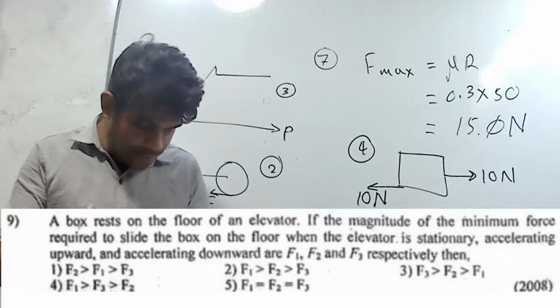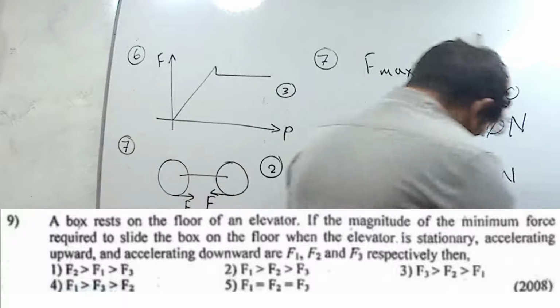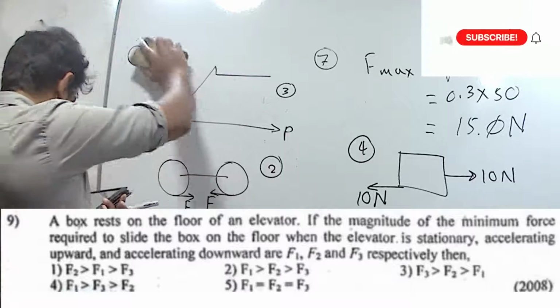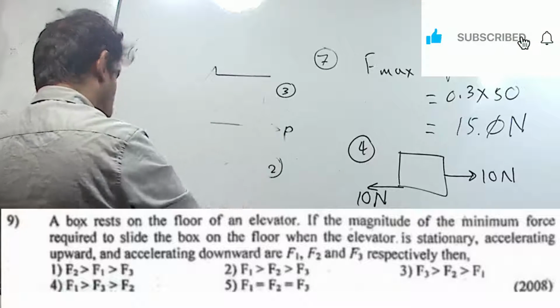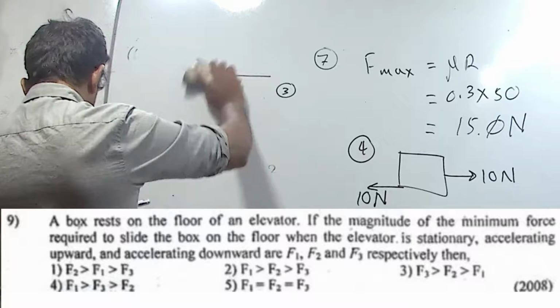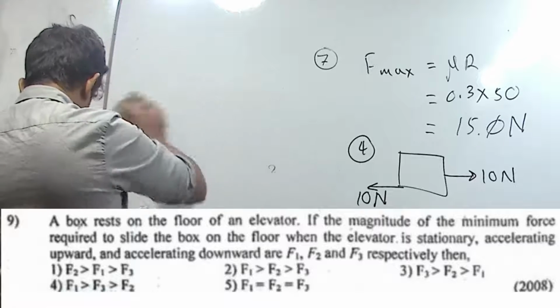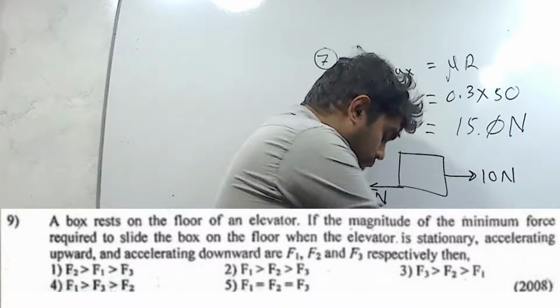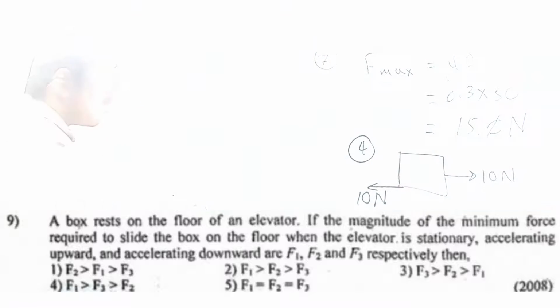Question number 9. A box is placed on the floor of an elevator. If the magnitudes of minimum force required to slide the box on the floor, when the elevator is stationary, accelerating upward and accelerating downwards, are F1, F2 and F3, you have to compare F1, F2 and F3.